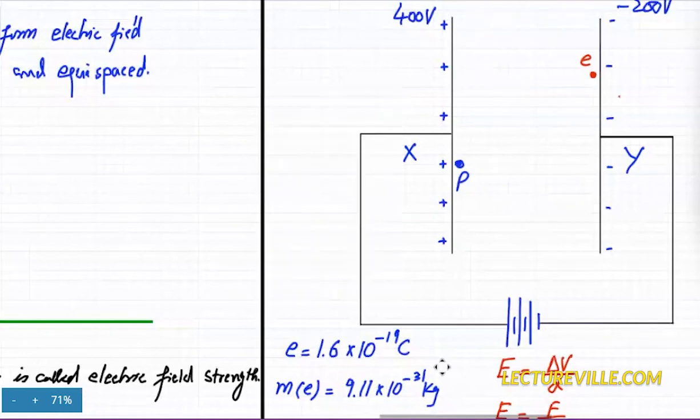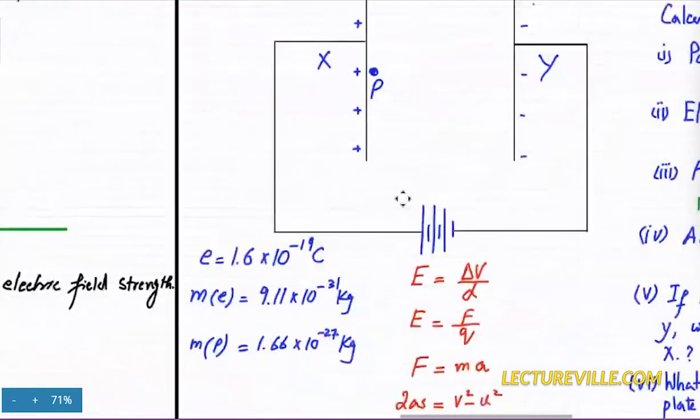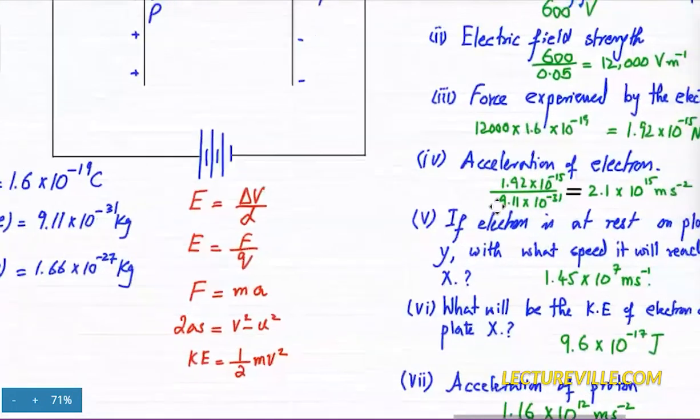Three significant figures, not decimal places. Three significant figures maximum. Two are okay, but you can take three. Is it 2.11 into 10 power 15? Yes, it is.